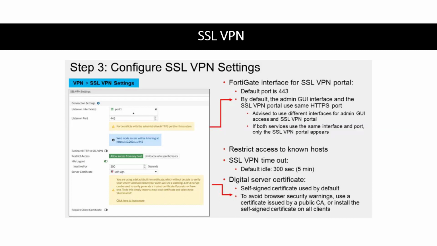We go ahead and say, hey, the idle logout timer, right? We need to go ahead and identify if we're going to use an SSL VPN server certificate, right? And that's a very important part, right? In regards to connections over an untrusted, public domain, right? Which is, of course, the internet, right?